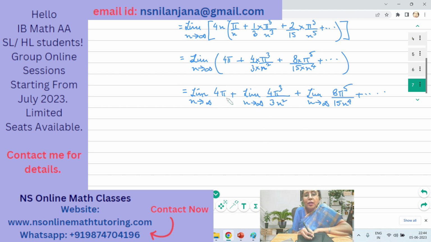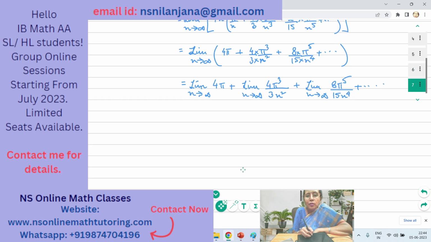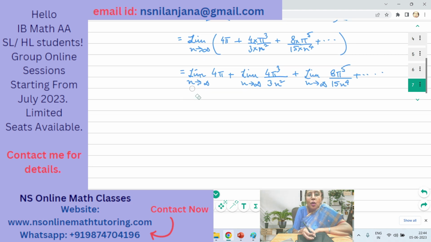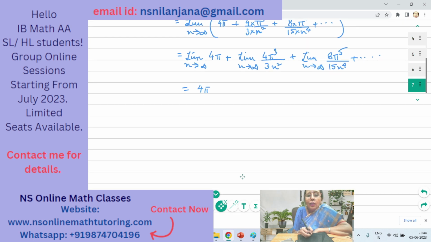So the first term is not having any n's, therefore the limit is not applicable. This is equal to 4 pi. And for all the other terms, limit n tends to infinity, because for all the other terms n is in the denominator, and if the denominator of a fraction is a very large number, what is the value of the fraction? It is a very small number.